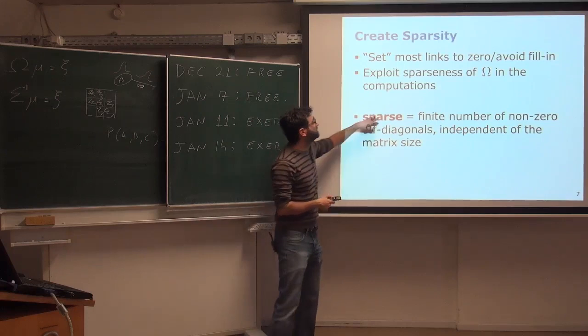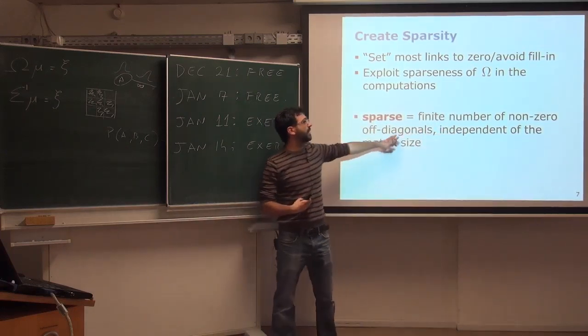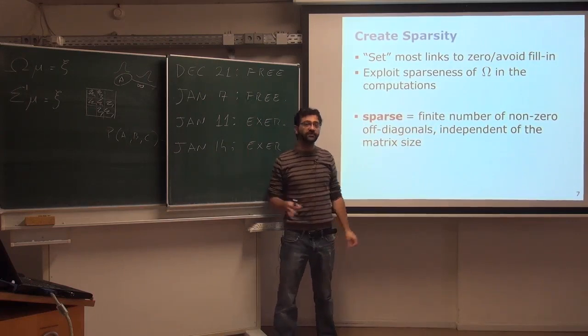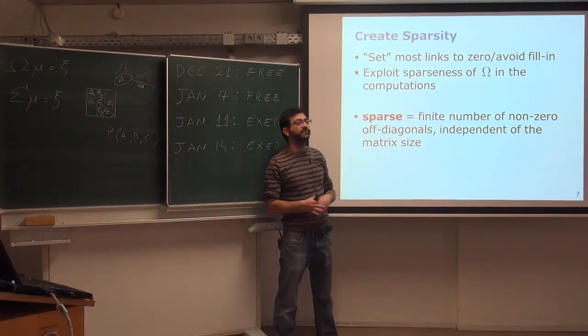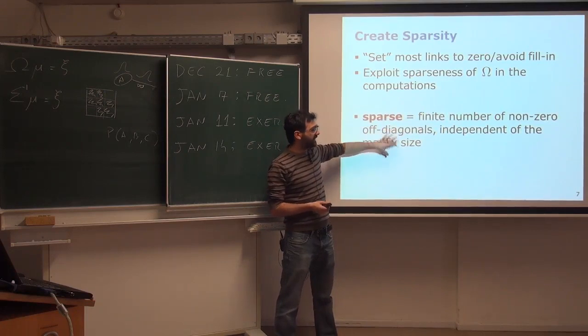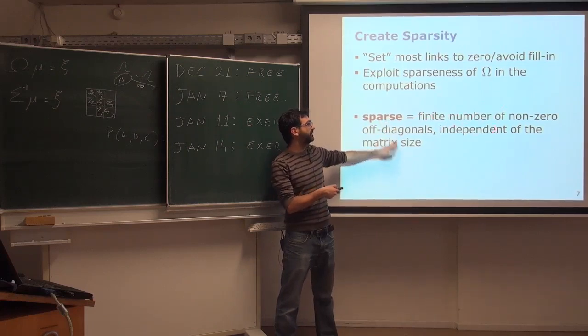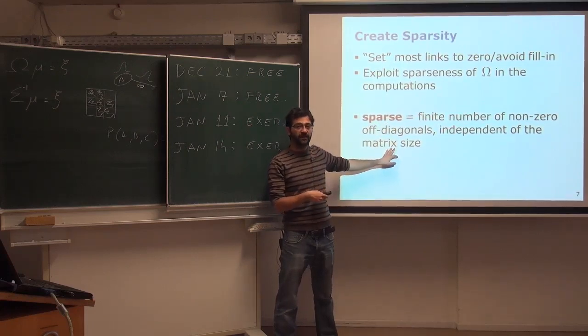And sparse basically means that you have a finite number of non-zero off-diagonals independent of the matrix size. So in general, sparse just means there are a lot of zeros, so few non-zero elements. For this lecture, when I say sparse, I am assuming a finite number independent of the matrix size.